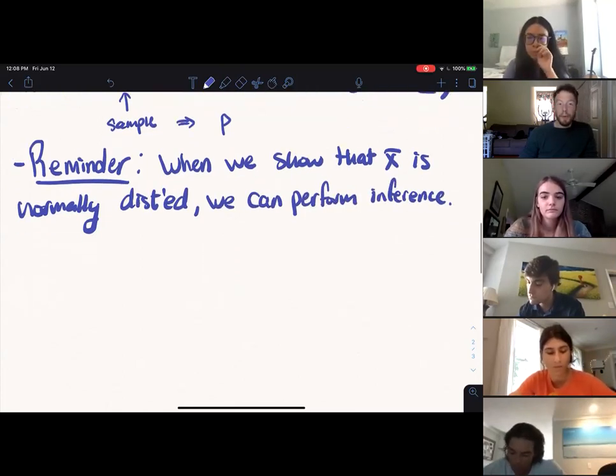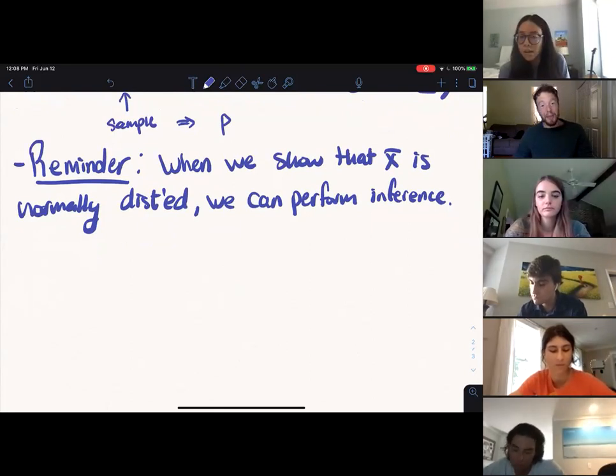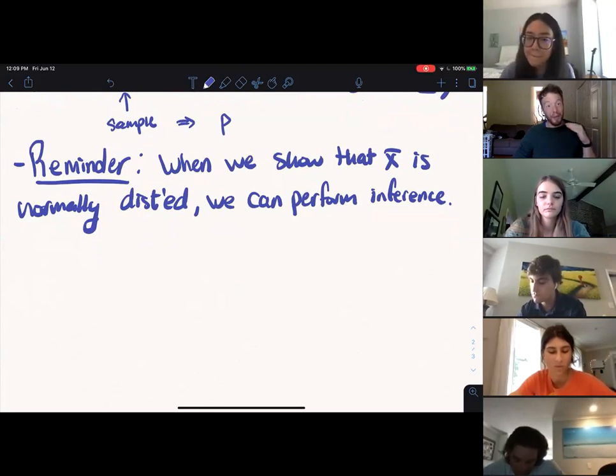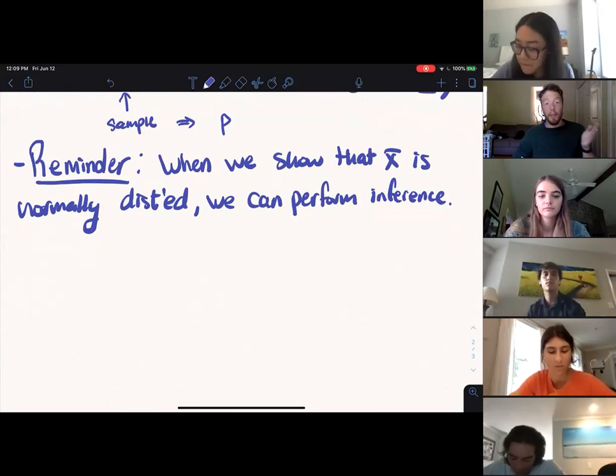Right? Whenever we were doing hypothesis tests with the sample mean or confidence intervals with the sample mean, we would often check our assumptions so that we could say that x bar was normally distributed, and then we would move forward.